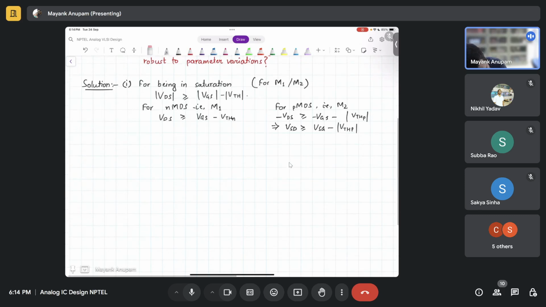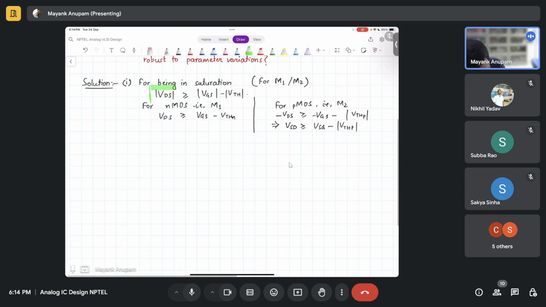So that is why I've used a common symbol for both of them. The common notation would be like this, I simply use modulus. Remember this, you do not need to remember separate conditions for PMOS and NMOS. Just use modulus everywhere, and that way you will not forget this.